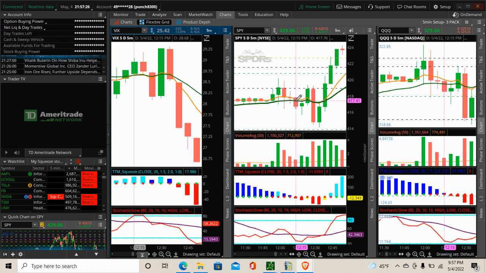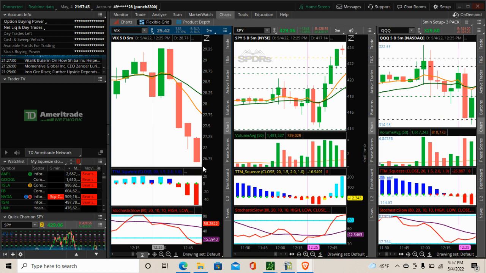So as I was trading this, I was trading this on this candle as we were crossing up on the VIX, and then we were crossing down on the SPY, and crossing down on the Q, because you can see we had bearish divergence here, and bullish divergence on the VIX, right?